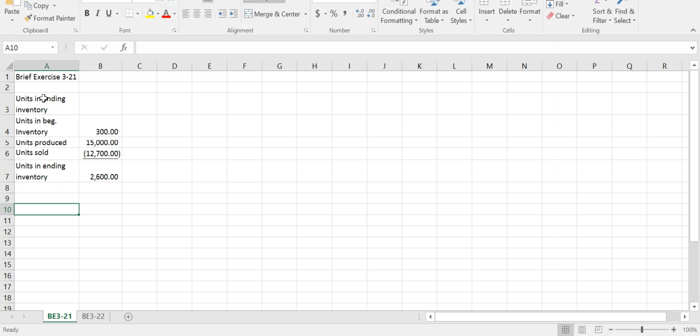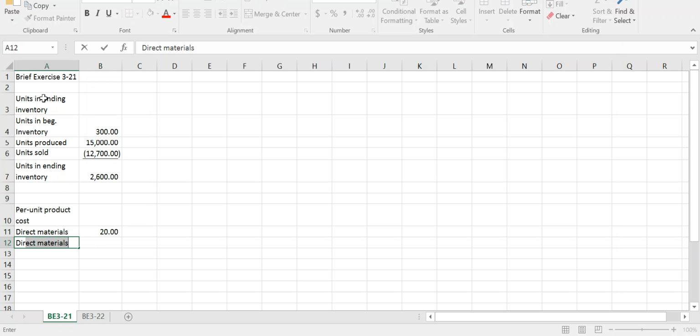Part 2 asked us to determine the per unit product cost, again, under absorption costing. Again, when you're thinking of absorption costing, think about that sponge. It's sucking in all of those components of product cost that we've been talking about since the last chapter. So we look at the direct materials, and again, we're looking at it on a per unit basis. So our direct materials was $20 per unit.